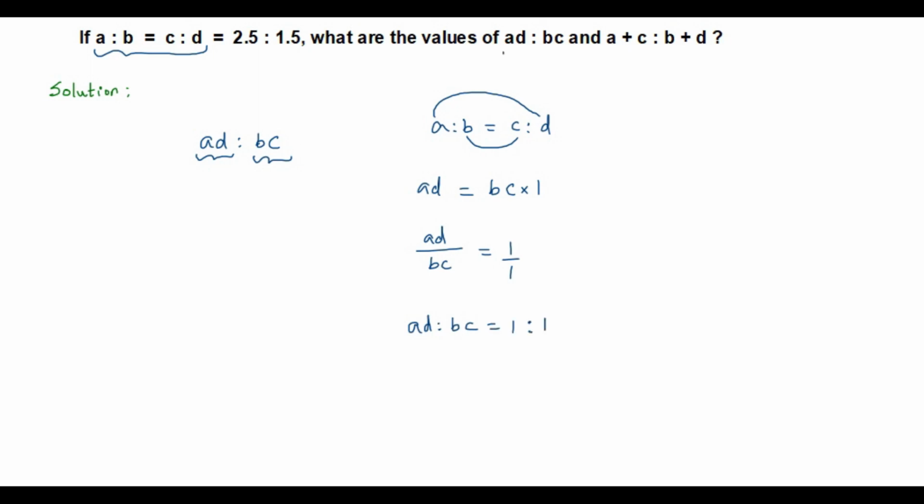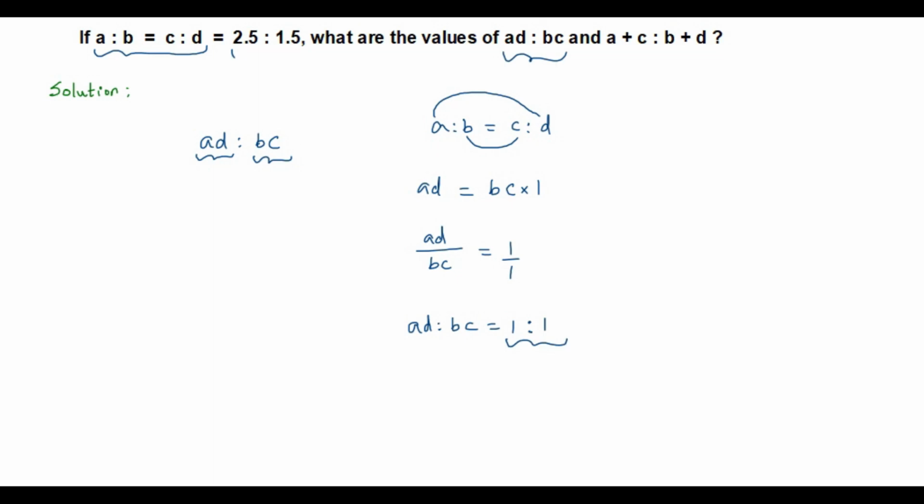So now we got the value of the first ratio AD is to BC, that is 1 is to 1. Whenever the cross product rule of a proportion with two ratios is given as a ratio and we want to find the value of that ratio, always its value will be 1 is to 1.